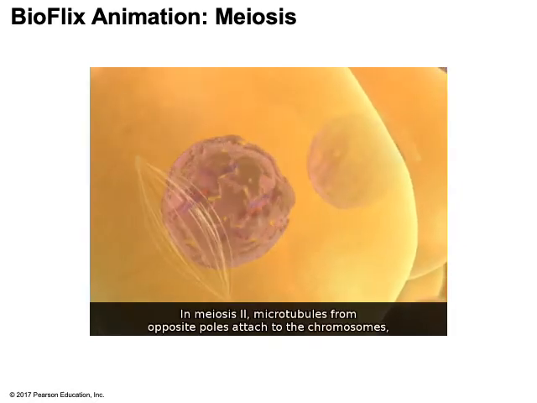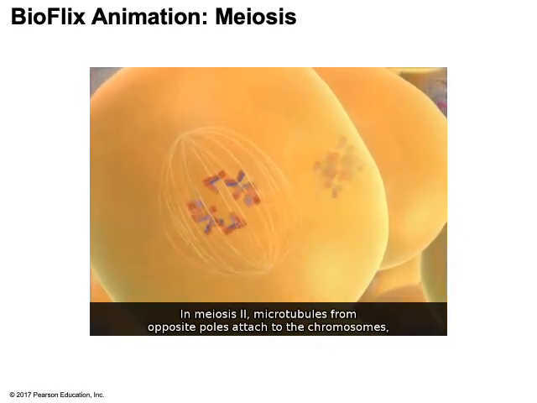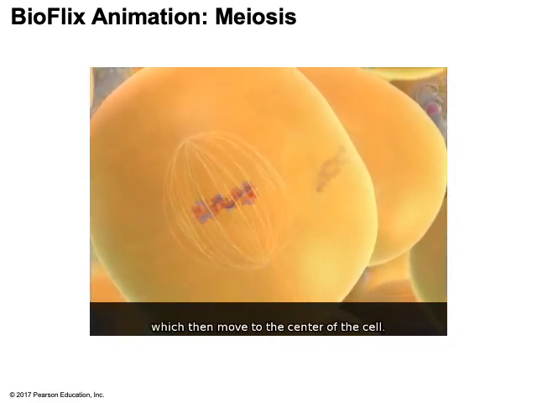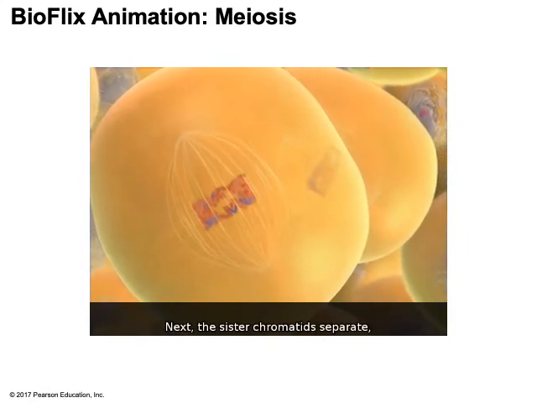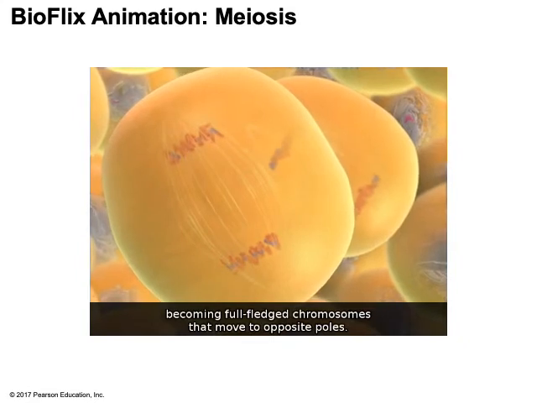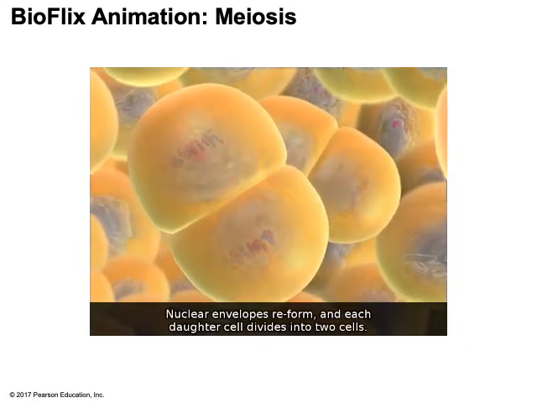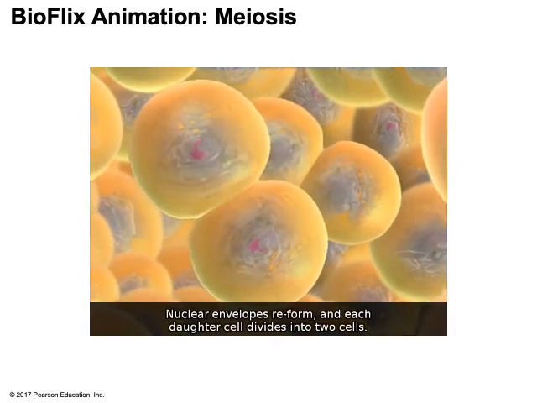In meiosis 2, microtubules from opposite poles attach to the chromosomes, which then move to the center of the cell. Next, the sister chromatids separate, becoming full-fledged chromosomes that move to opposite poles. Nuclear envelopes reform, and each daughter cell divides into 2 cells.